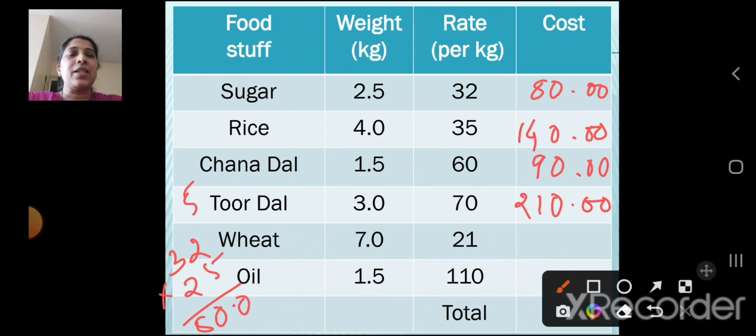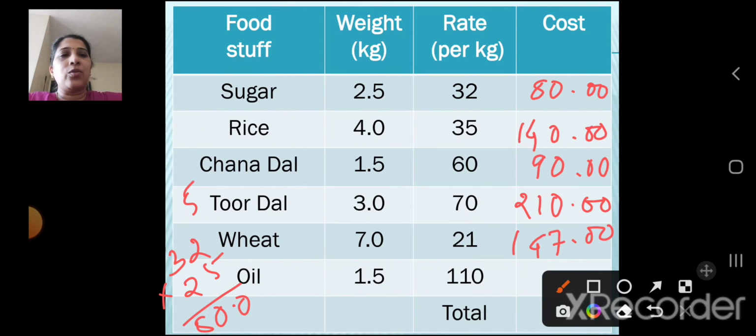Next, wheat is 21. Rate is 21 and the weight is 7. So 7 1s are 7, 7 2s are 14. So answer is 147. And oil, the weight is 1.5 kg and rate is 110.